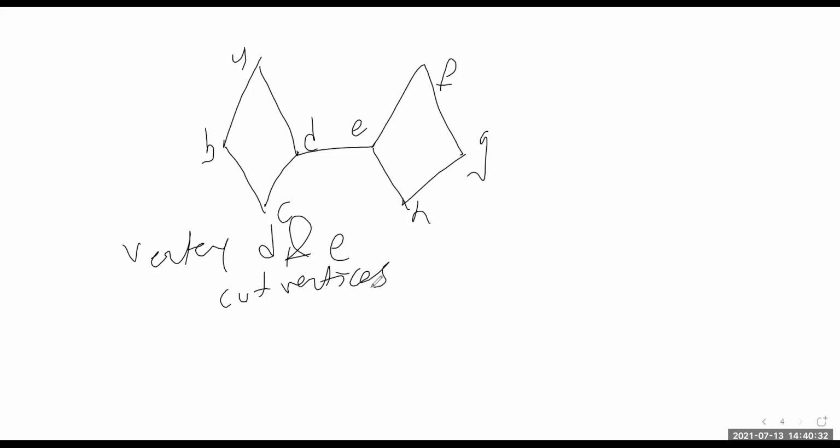By removing D and E, the graph will become a disconnected graph.